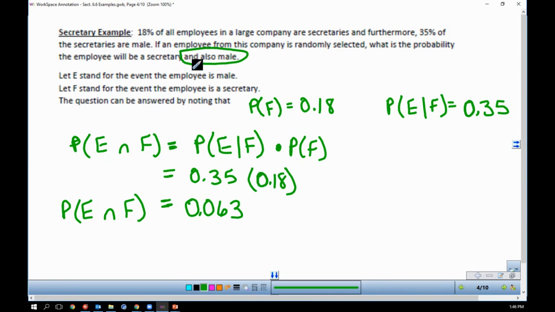So how do we know if this one was independent or not?